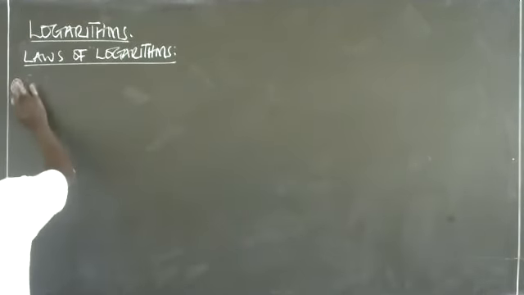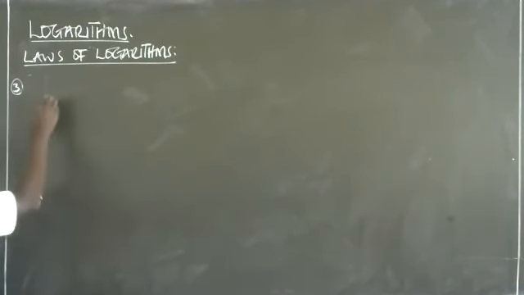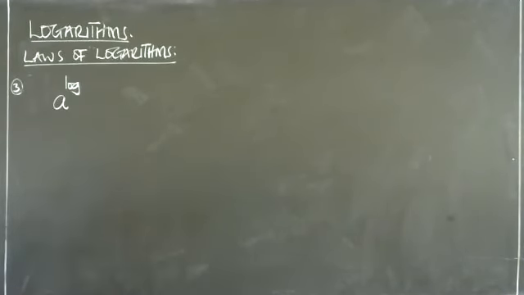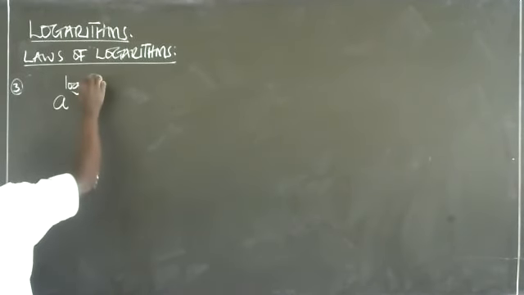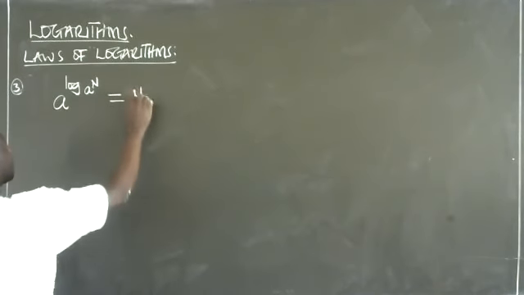Number 3 says, if I have a to the power of log, this time the log is the power itself, a power of log n to base a, this one is equal to n.